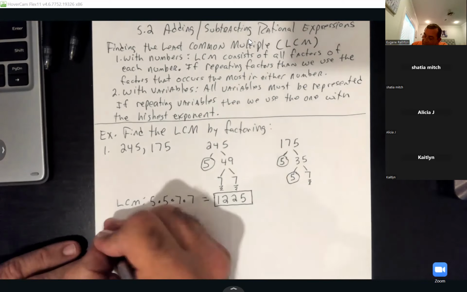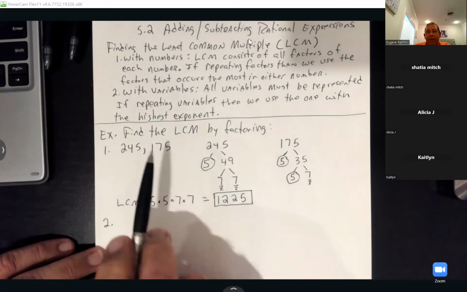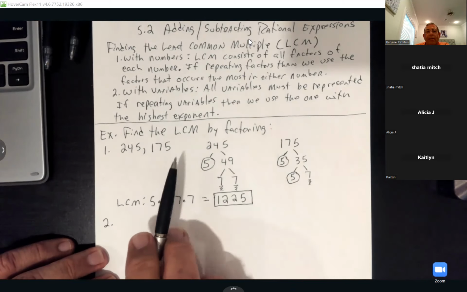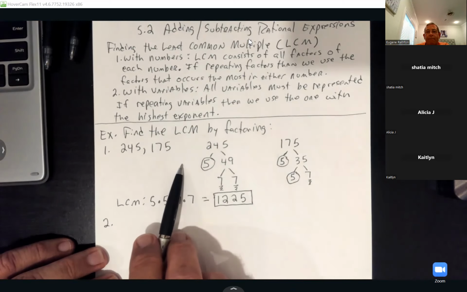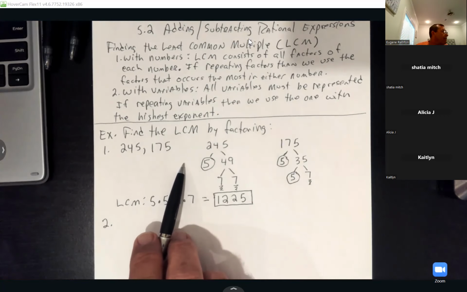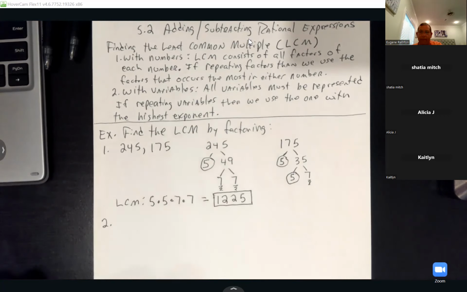So y'all, let me say, before I do the next one, do any of y'all use a TI-84? All right, so none of y'all are using TI-84s?